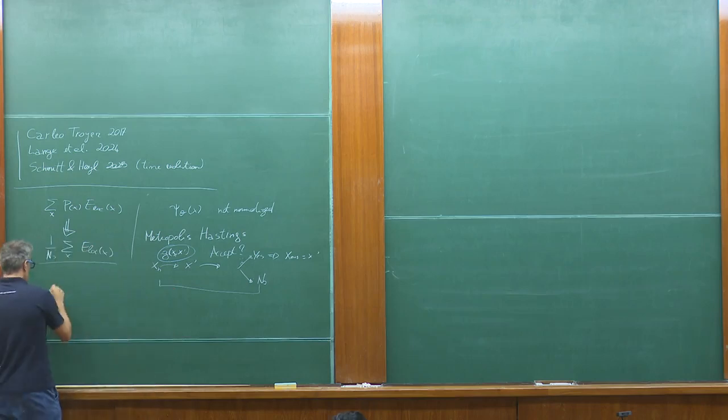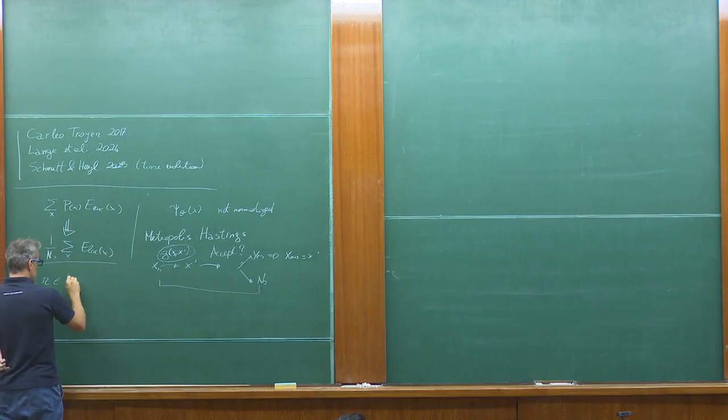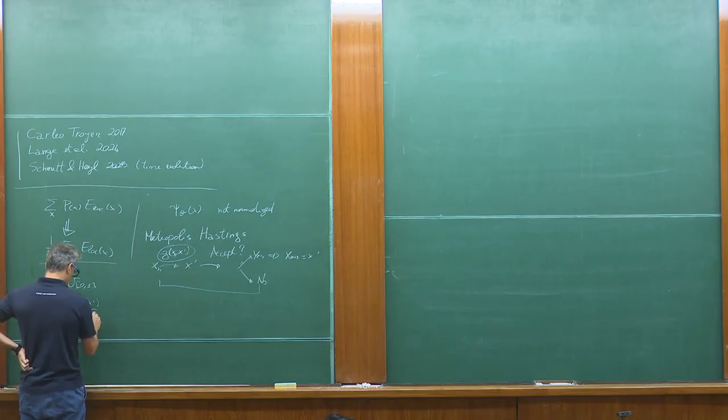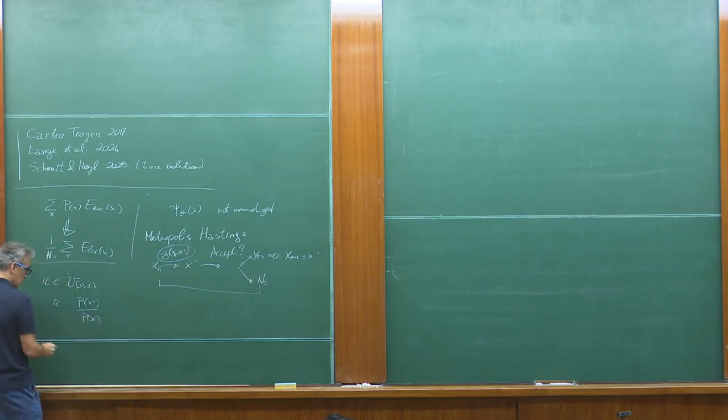Okay, and so for the acceptance, what you would like to do is draw a random number R from a uniform distribution between 0 and 1, and then compare this random number R with the probability of the new configuration divided by the probability of the old configuration. Okay? So this is what you compare. But you don't have this information.